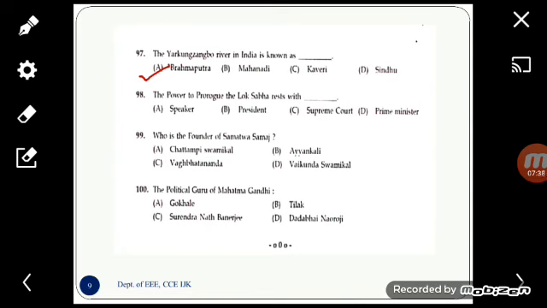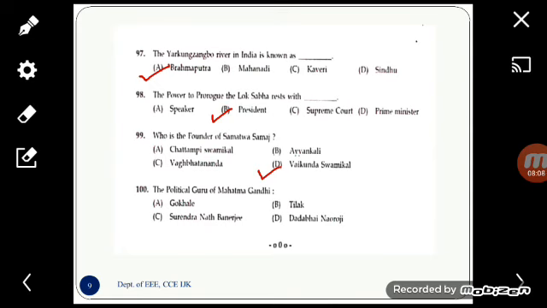Brahmaputra's name in Tibet, and it is also known as Jamuna when it reaches Bangladesh. Next question is: the power to prorogue the Lok Sabha rests with option B, the President. Next one is: who is the founder of Samatva Samajam? Option D is correct. Vaikunda Swamigal is known as the founder of Samatva Samajam.